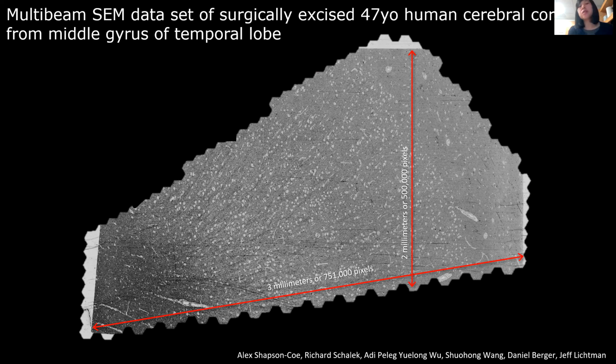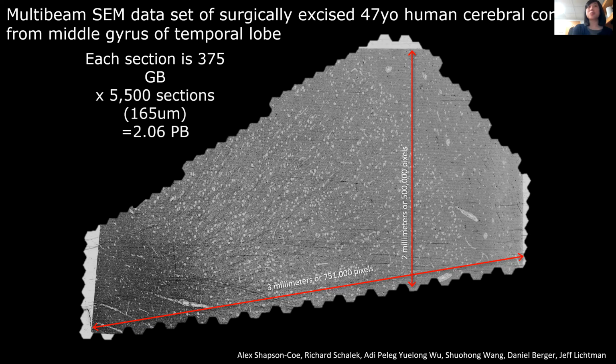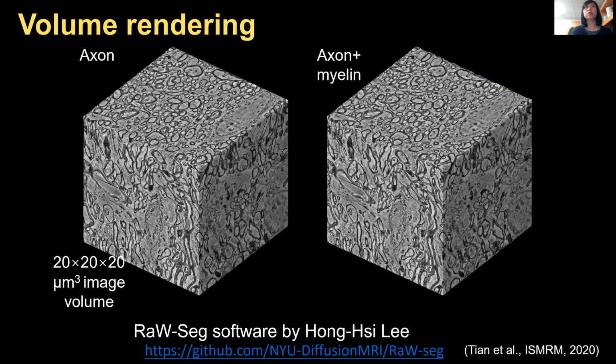And so the challenge of dealing with such large volumes of tissue on the microscopic scale is just the sheer amount of data that is generated. And so as part of our approaches to validation, we started by looking at the subcortical white matter, so this corner of the tissue here. And we've actually worked with Jeff and his team, and also ourselves, segmented volumes of white matter tissue from the specimen.